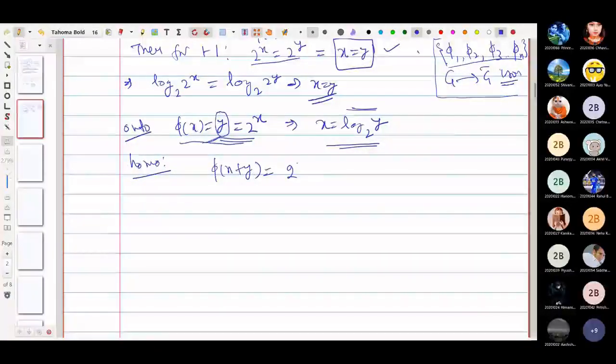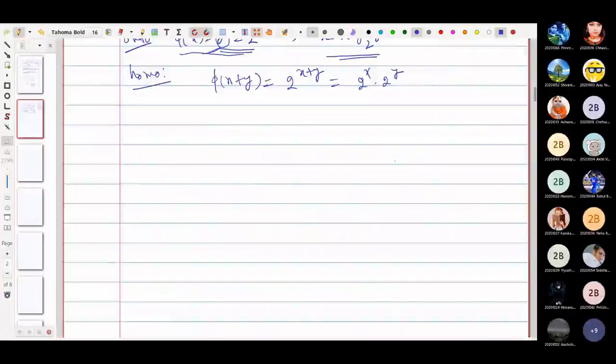By definition, phi of x plus y is 2 to the power x times 2 to the power y, and this operation on the right-hand side is in R plus under multiplication. So this equals phi of x times phi of y. So this implies that phi is an isomorphism.